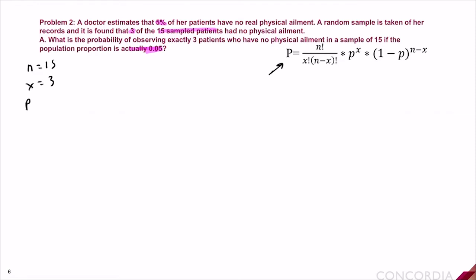Our p, which is the probability of someone not having a physical ailment, is 0.05 or 5%, and our 1 minus p, which is the probability of p not occurring, and is sometimes noted as q, would simply be equal to 1 minus p, which would give us 0.95. Now that we have all our variables, we can plug them into our equation.